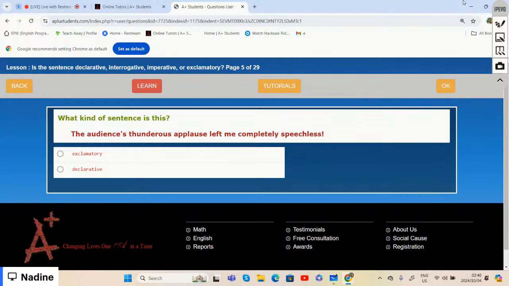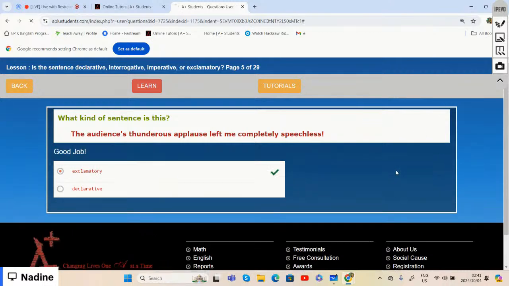The audience's thunderous applause left me completely speechless. Is this an exclamatory sentence or is it a declarative sentence? Exclamatory or declarative? Does it show strong feelings and surprise, or is it a statement that is being made? And if we were to choose the correct option, then yes, it is exclamatory. Well done.